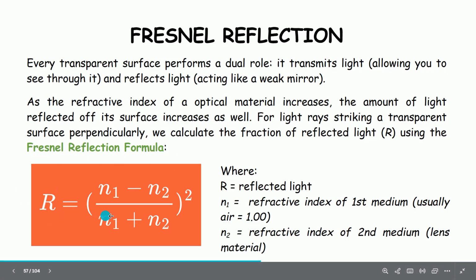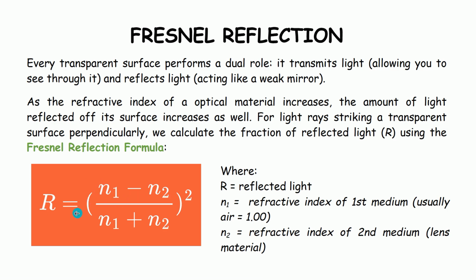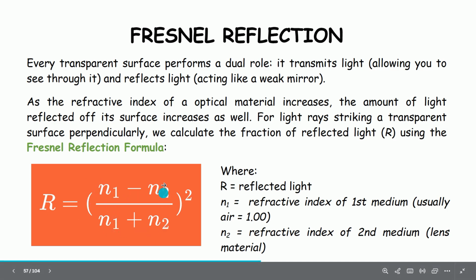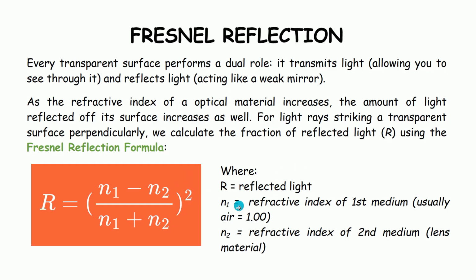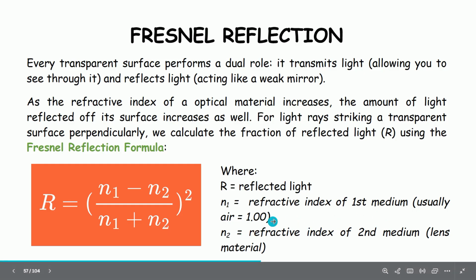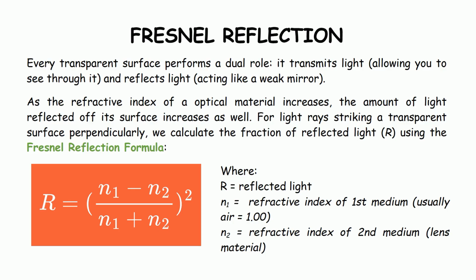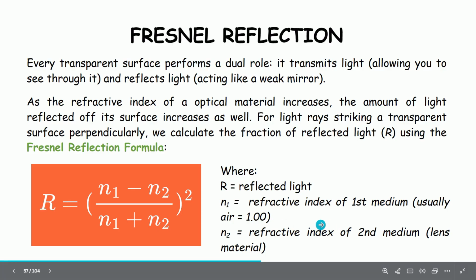So R is equal to (n1 minus n2 over n1 plus n2), then square that. Where our n1 is our refractive index of the first medium, usually it is air if unspecified, n2 is the refractive index of the second medium or the lens material.